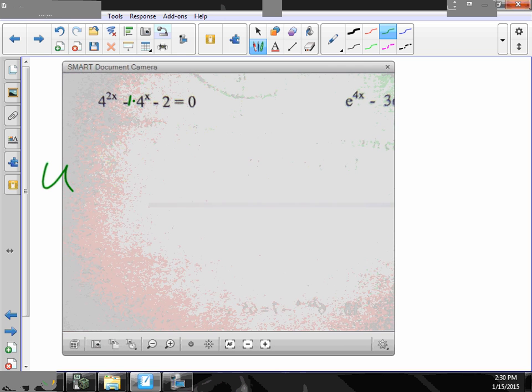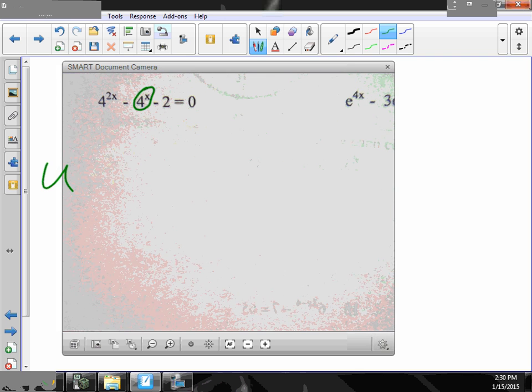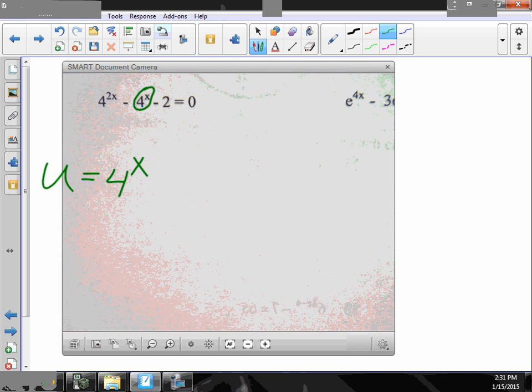Well, I don't even need to write that. This term is going to be my u term. I don't know why we use u, but again, in calculus, u substitution makes very, very difficult problems very, very easy and doable. So I'm going to write u equals 4 to the x. Now I'm going to substitute everywhere I see 4 to the x with the variable u.